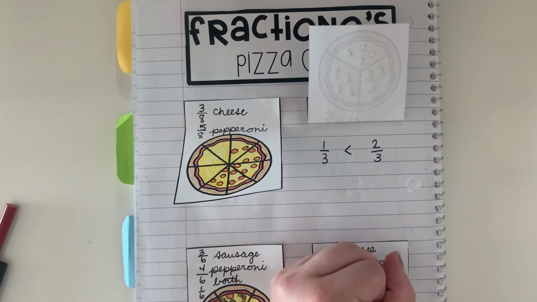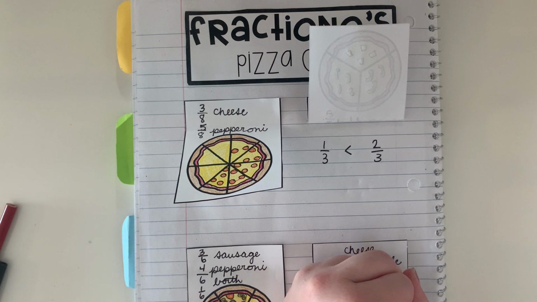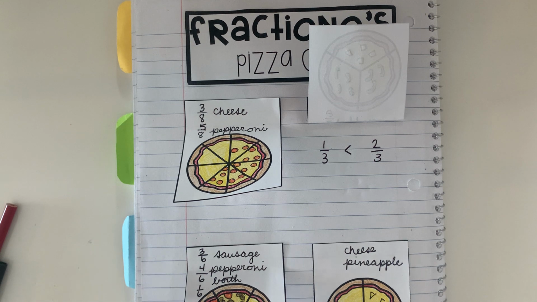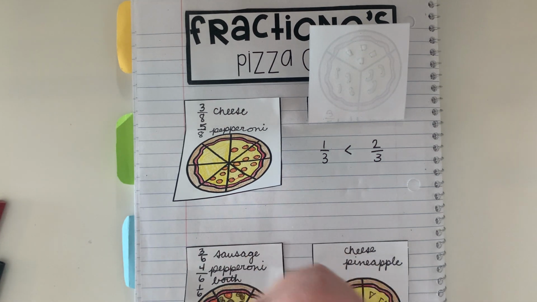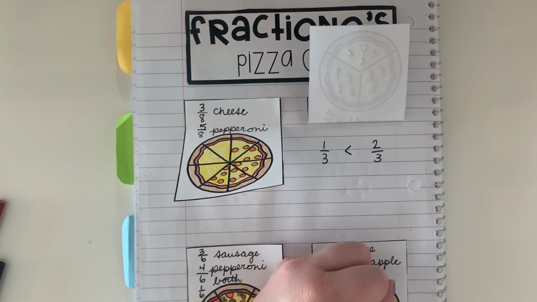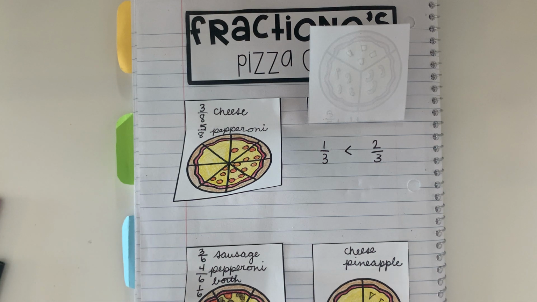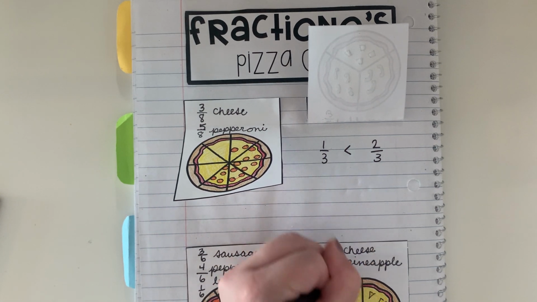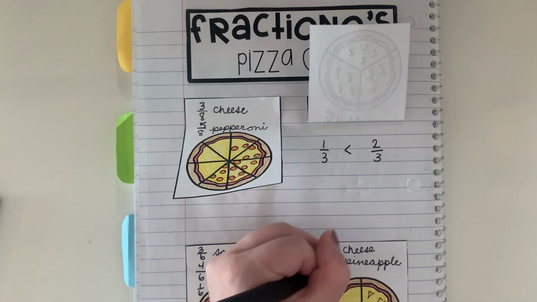So for the cheese and pineapple, I'm going to put pineapple on this slice and color it in a little bit. Can't really color it in, but I can try a little bit. So there is my pineapple. So I have 1, 2, 3 out of 1, 2, 3, 4 of just cheese.